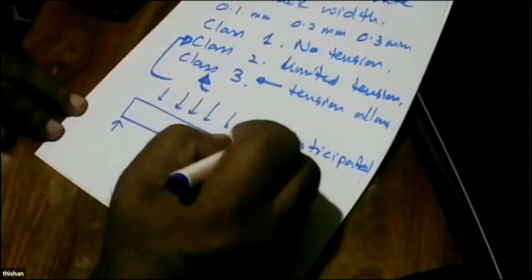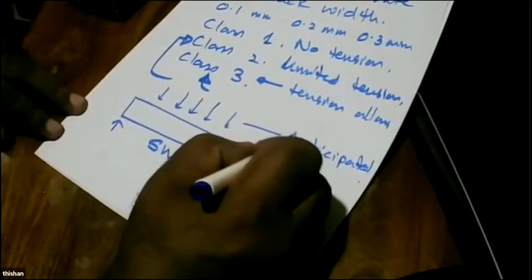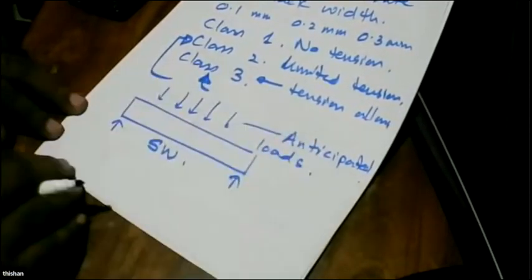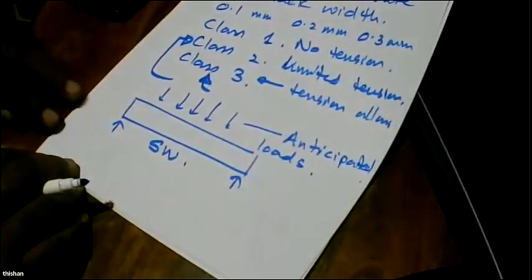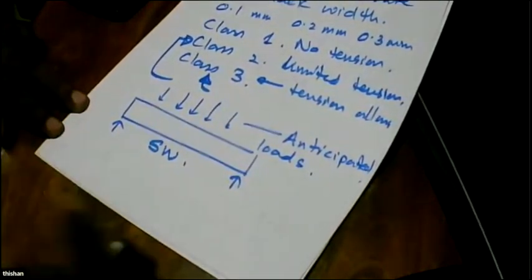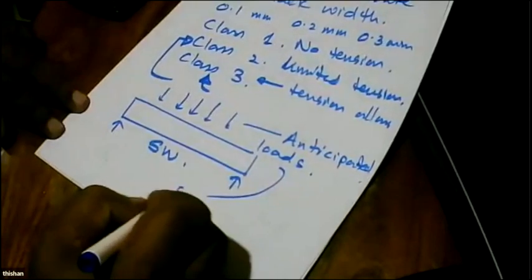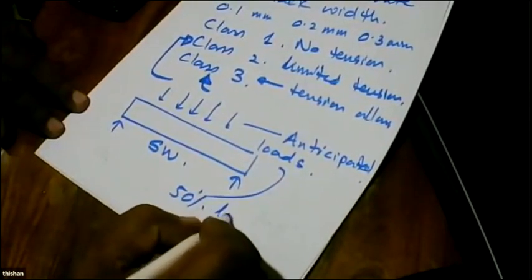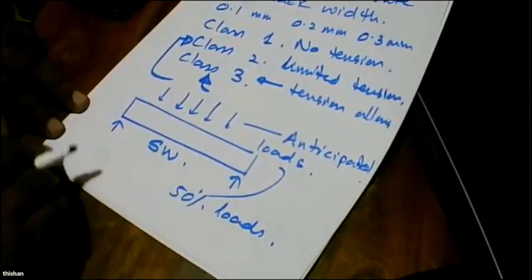They are not the actual loads. These are the loads that we anticipate. These are the loads that we think that it will act on the bridge. But most of the time, even 50% of these anticipated loads might not come on the bridge.